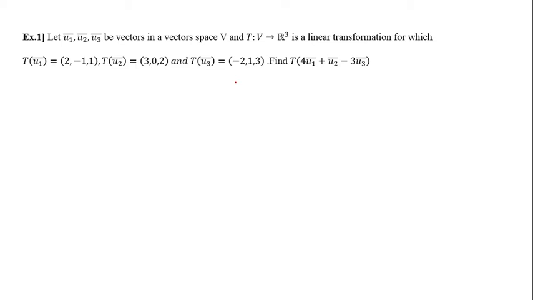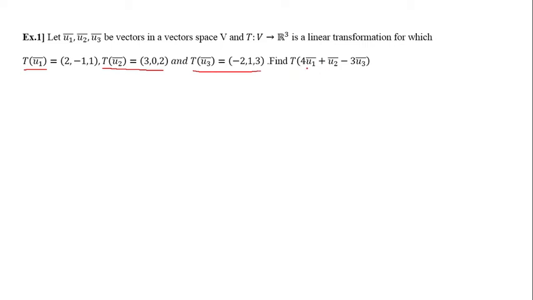Let's see an example. Let u1, u2, u3 be vectors in a vector space V, and P from V to R3 be a linear transformation for which we are given P of u1 bar is (2, -1, 1), P of u2 bar is (3, 0, 2), and P operating on u3 bar is (-2, 1, 3).